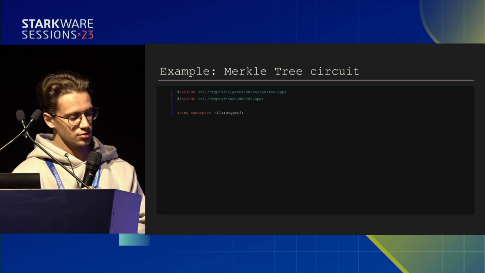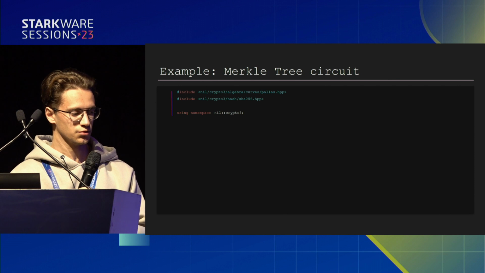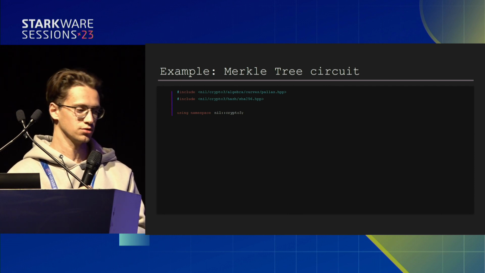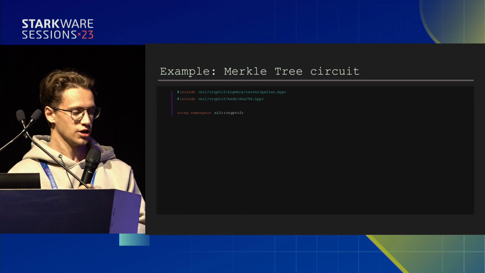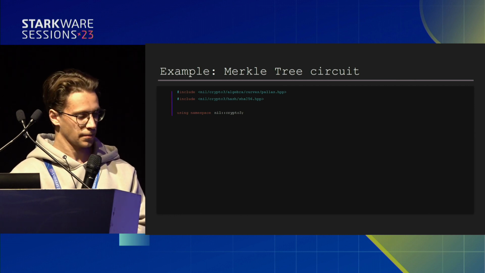We just wanted to show that you can easily compile it into the form of circuit, because if you can do it, you can do the recursive proofs, you can do the bridges. That's pretty important stuff.